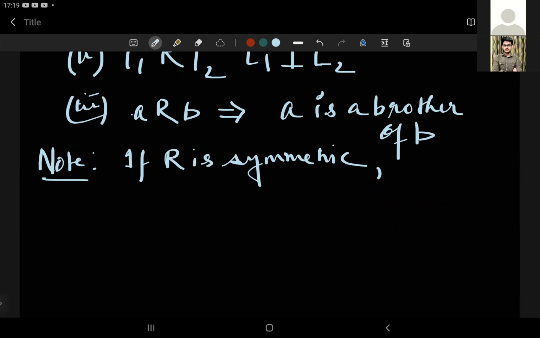R equal to R inverse. Yes, exactly. Obviously, R will be equal to R inverse.